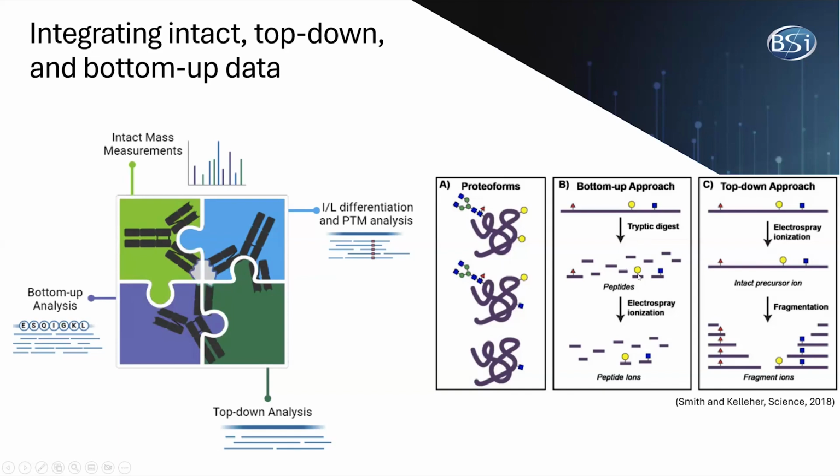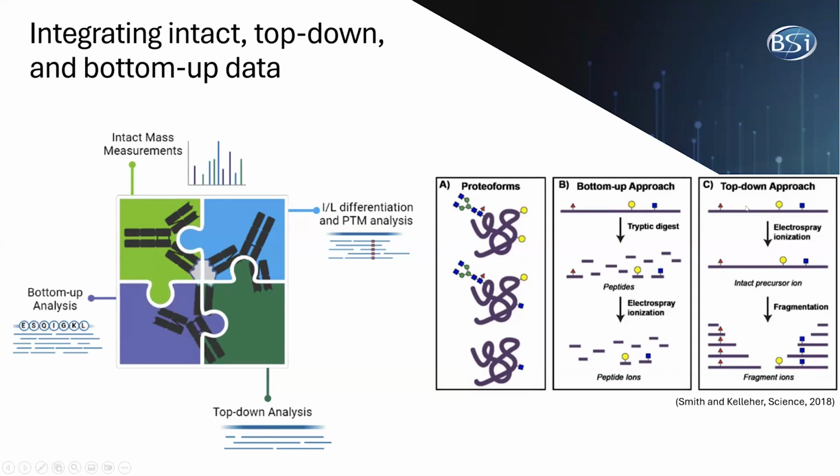Using a bottom-up proteomic approach, we can have confidence in localizing the conjugation site within that ADC. However, this won't tell us any information on how many conjugates are within one molecule. And that's where top-down comes into play.